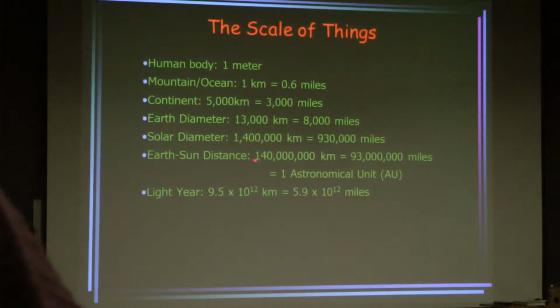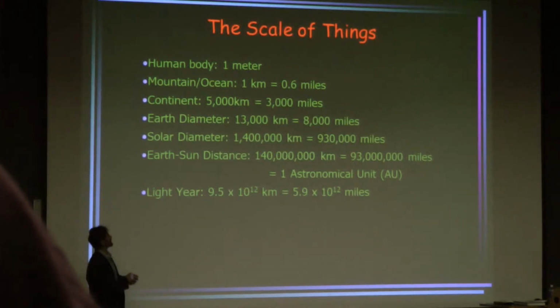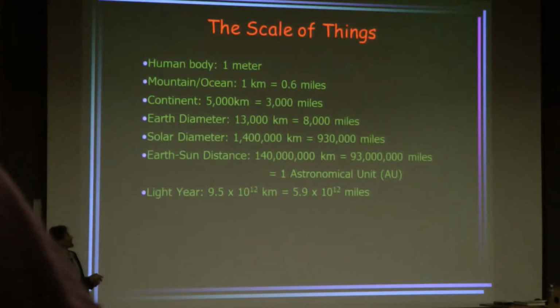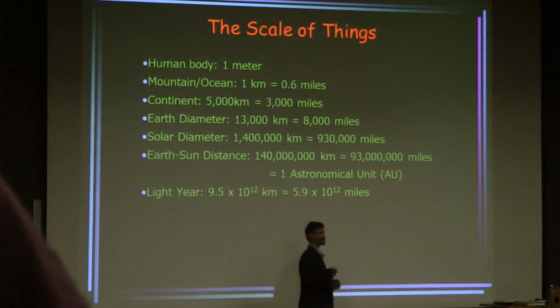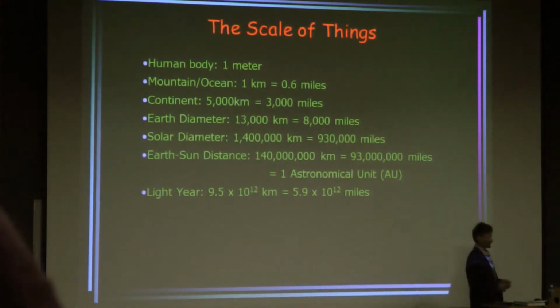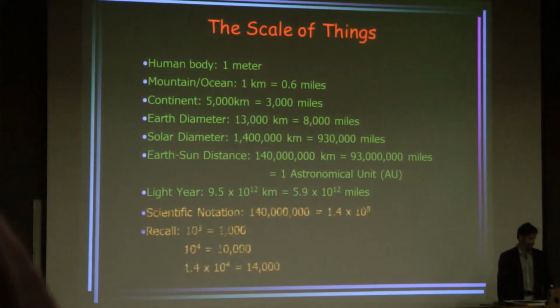An astronomical unit seems huge, 140 million kilometers, right? But that's about 100,000 times smaller than a light year. So as spread out and huge as our solar system seems, it's microscopic compared to the distance just to the next star, let alone across the galaxy.